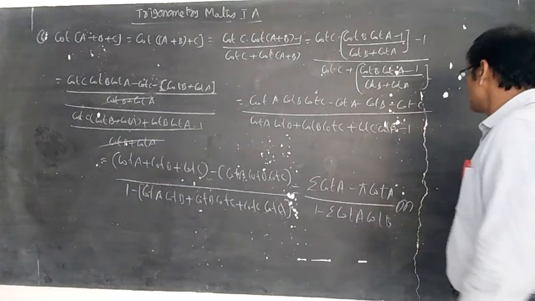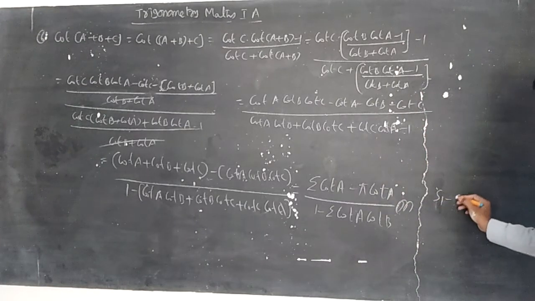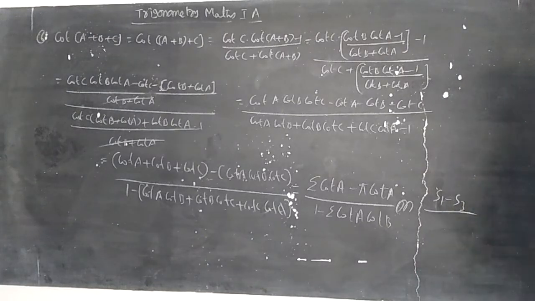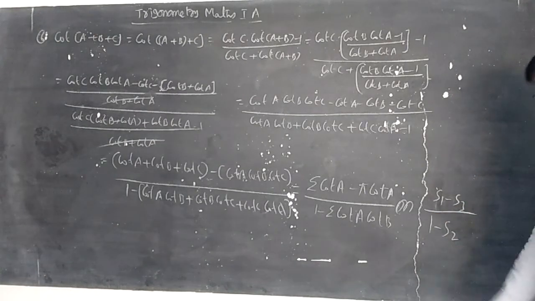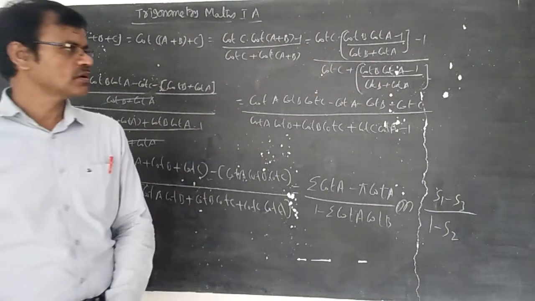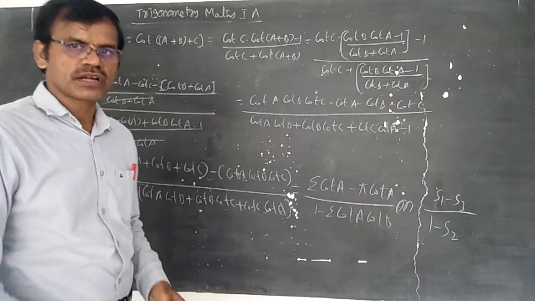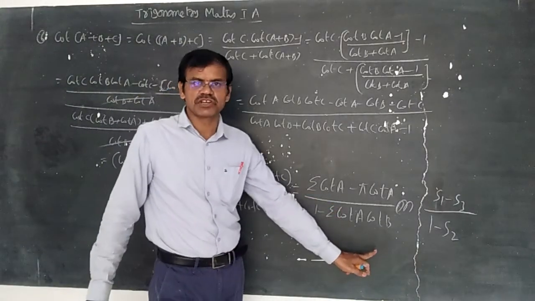Or you can write this one as S1 minus S3 by 1 minus S2, the same concept of the tangent rule. S1 meaning summation of cot terms taken 1 at a time. S2 means summation of cot terms taken 2 at a time.